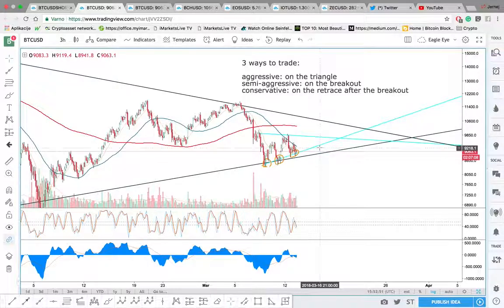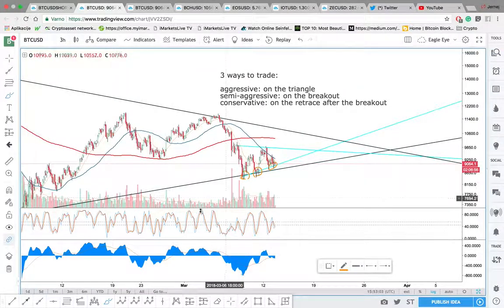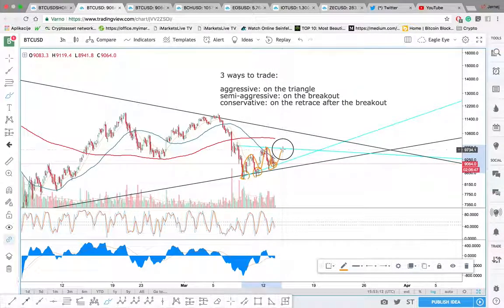So what does that mean? If we focus on the bigger time frame, so on the bigger triangle that is dark green, to trade it aggressively would actually mean that you trade it within this. So let's say, okay, this is bouncing here and here, and maybe we're gonna go up, and then maybe we have a breakout and we bounce here and there, something like this, right?